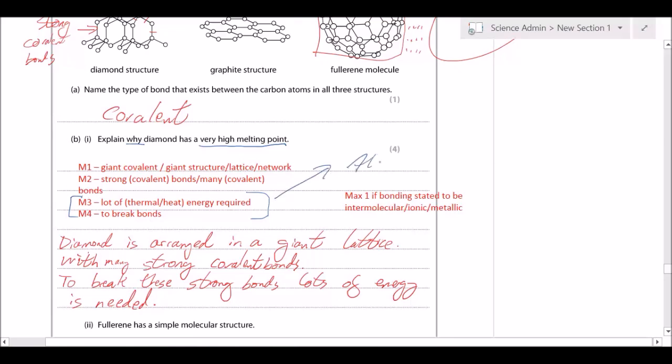Okay, always add. Yeah, even if it's ionic bonding, why something has an ionic bond has a very high melting point, you can also add those 2 statements. Okay, so this sentence here at the end, to break these strong bonds, lots of energy is needed. Remember. And if it's talking about a high melting or boiling point, always add that statement. You're not specifying the bonds here, so strong bonds could be ionic or could be covalent. So remember that one sentence and you can apply it to both, and that's worth 2 marks.